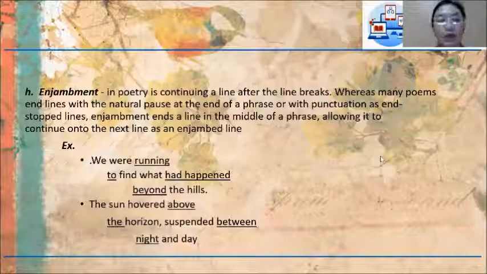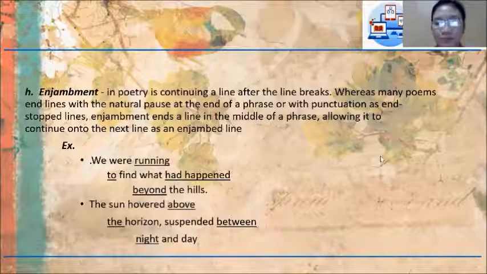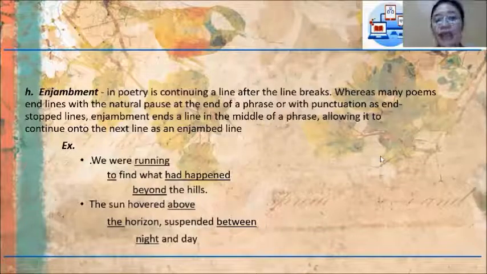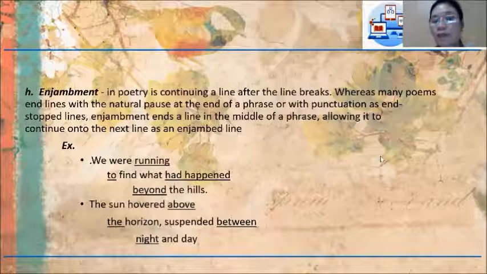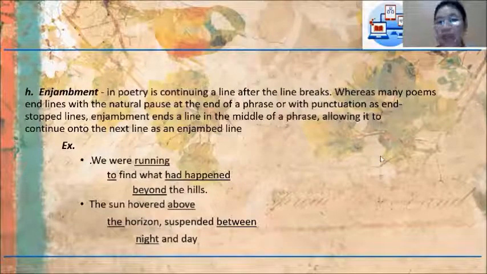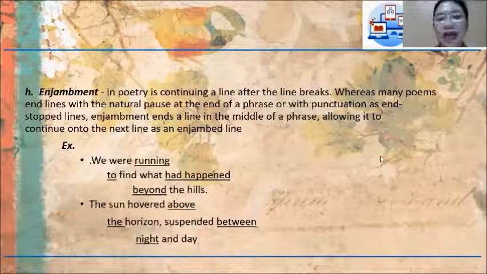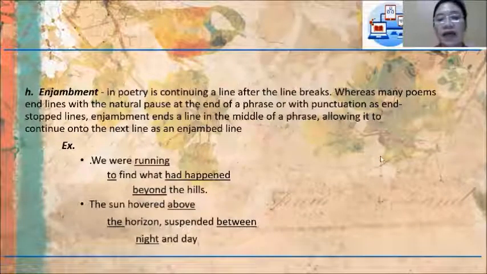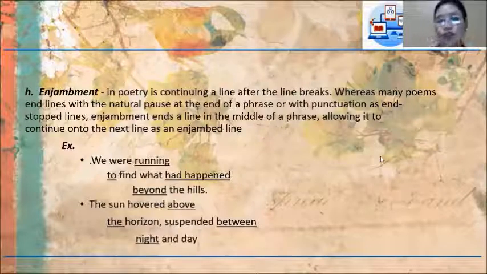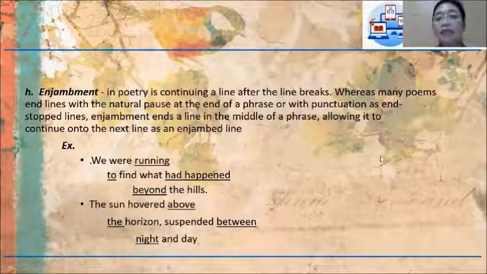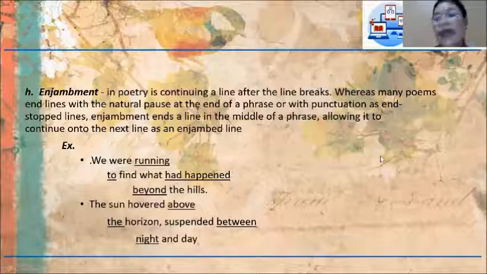Now, we have here an example. We were running to find what had happened beyond the hills. So the sentence is not continuous. There is a line break, or pause, that makes it an enjambed line.